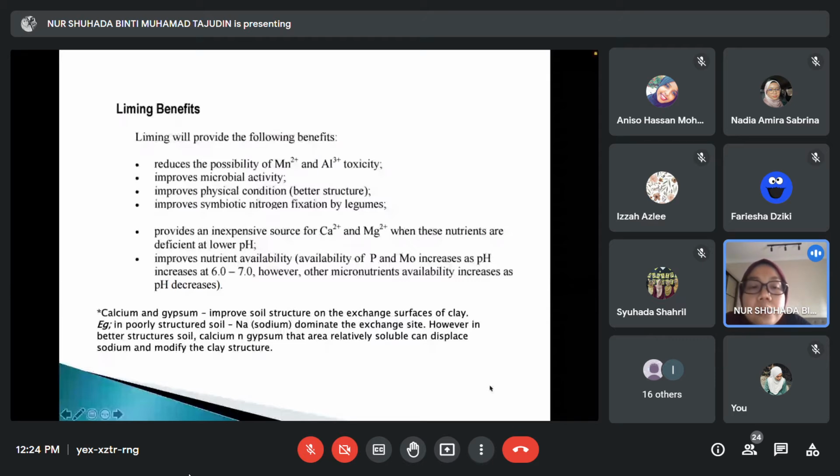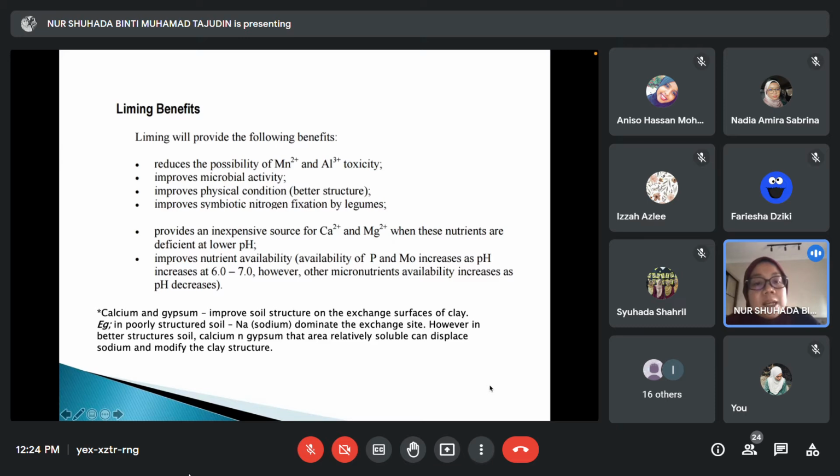Not only that, it can also improve microbial activity. As I mentioned just now, lower soil pH will lead to, apa lagi, inhibited physiological and enzyme activity by the microbes.